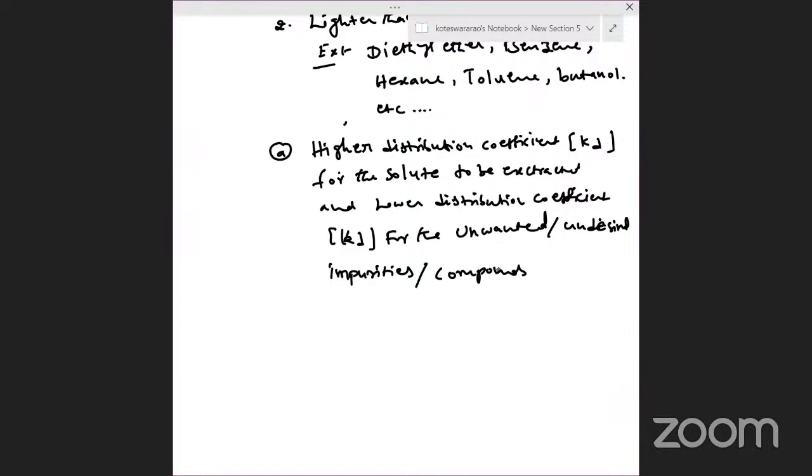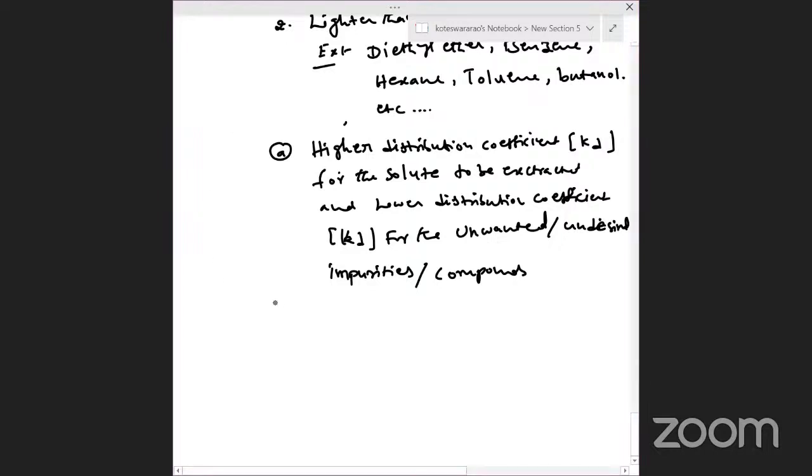If it has a higher distribution coefficient towards the solute, then it can dissolve more solute in it. Therefore, the solvent should have a higher distribution coefficient for the solute which we are going to extract from the solution, and a lower distribution coefficient for the unwanted or undesired impurities or compounds present in the solution.